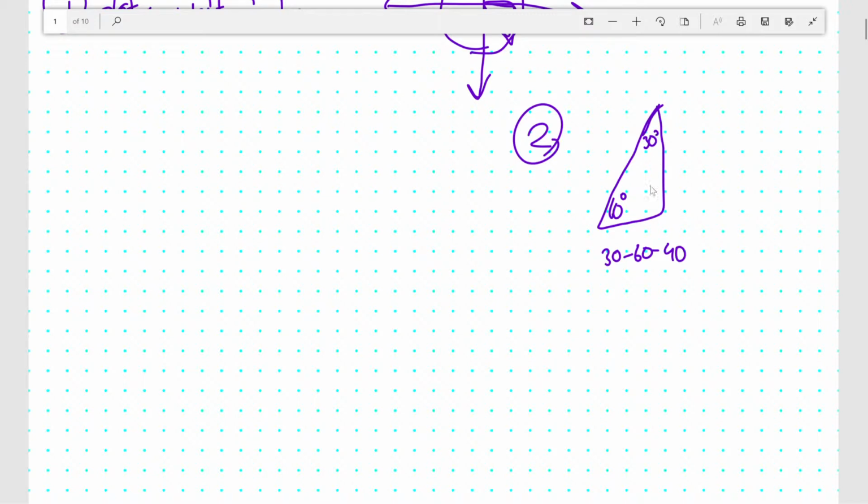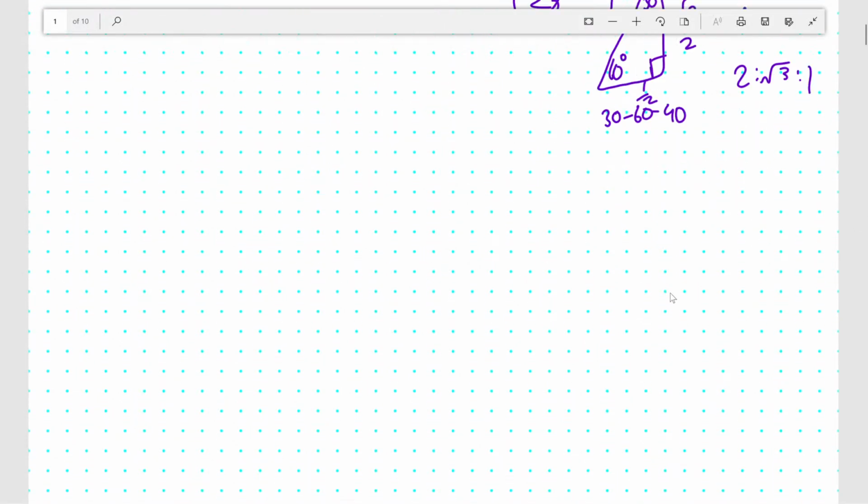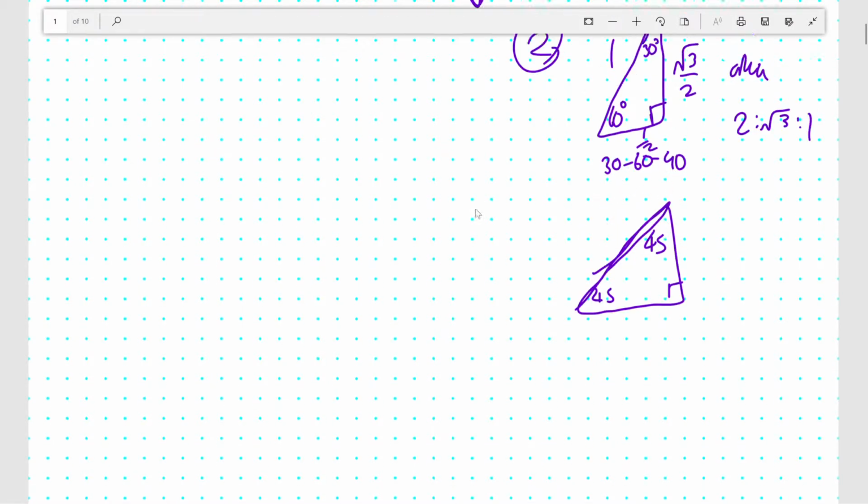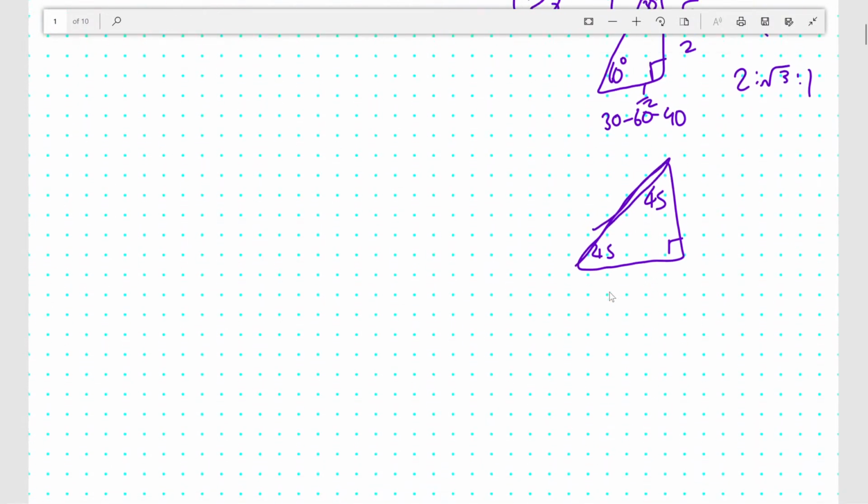You should identify whether it's this triangle, which has the side ratios of 1, 1/2, and root 3 over 2, aka 2 to root 3 to 1, or it could be the right isosceles triangle, the 45-45-90 triangle, which is the one we are using at the moment, because it's going to be 45 degrees from the nearest coordinate axes.